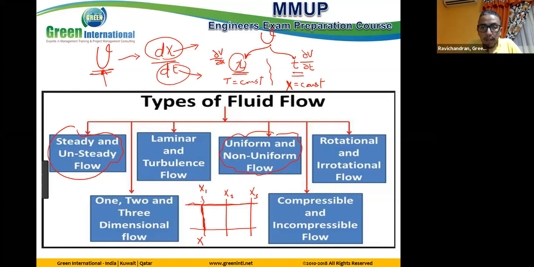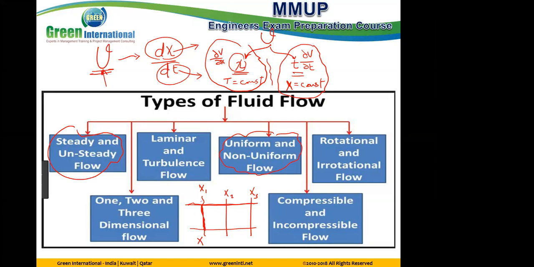So non-uniform and uniform means studying the flow with displacement at constant time. So this part classifies uniform and non-uniform, but this part classifies the flow as steady or unsteady. Clear or not? Clear. Yes.